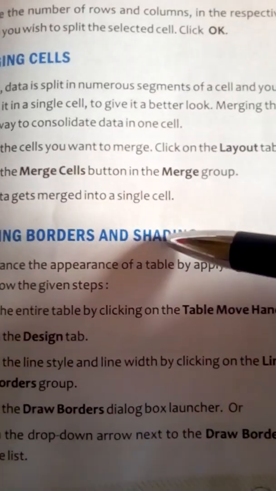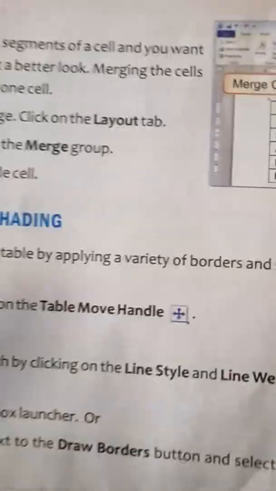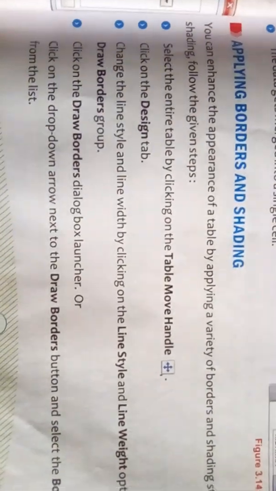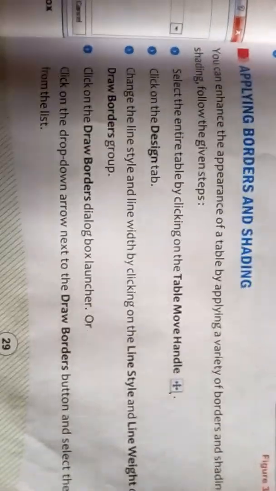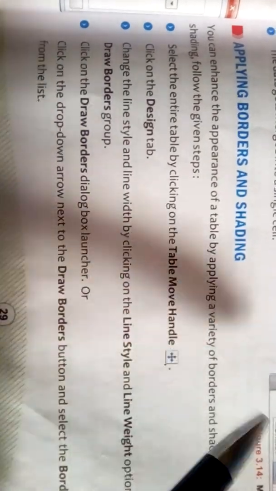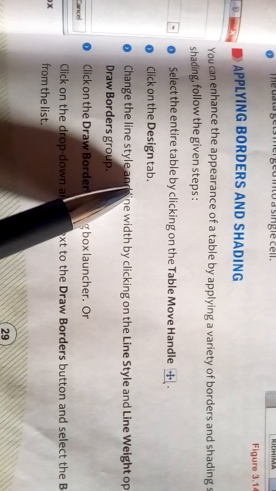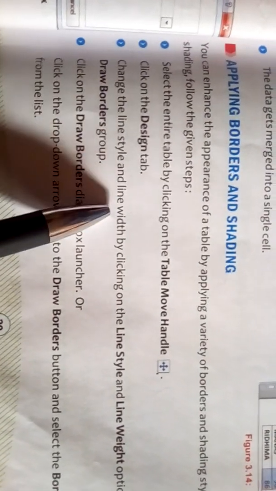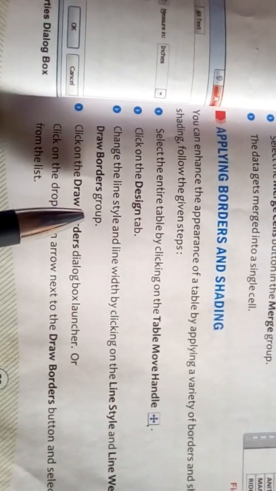Then applying borders and shading. You can enhance the appearance of a table by applying various border and shading styles. To add border and shading, follow these steps. Select the table by clicking on the table move handle, this plus handle. Click on the design tab and change the line style and line width by clicking on the line style and line weight options respectively in the draw borders group.